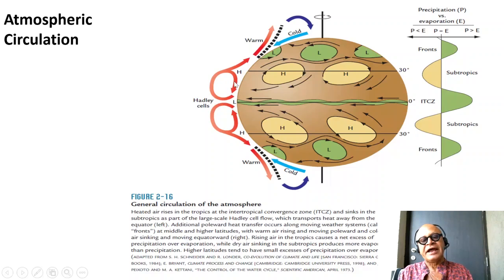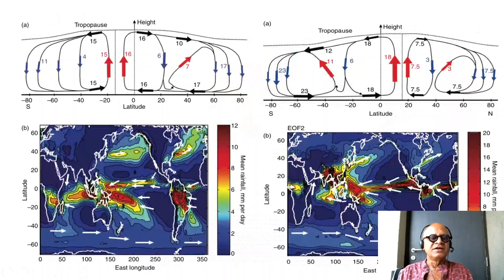So moisture and air is being supplied in. And here you have convergence of the cold front and the warm front, so you get a different kind of dynamics here to produce these storm tracks. So you get rainfall over there as well in both hemispheres. They're not perfectly symmetrical, as we already talked about, and as we will see here.